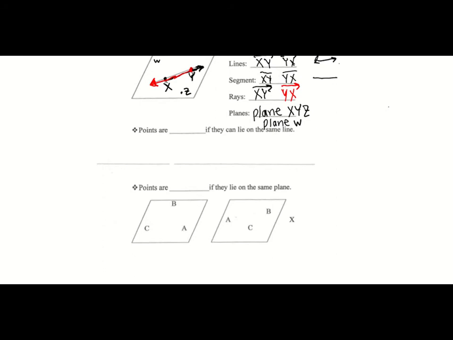There are 2 more definitions we're going to go over in this section, and the first one is called collinear. So points are called collinear if they can lie on the same line.